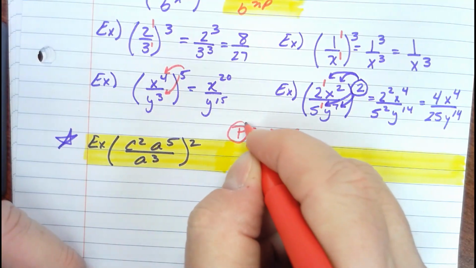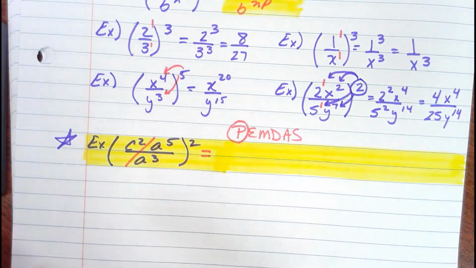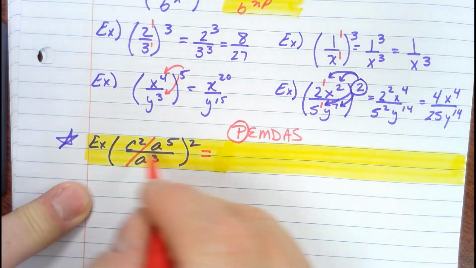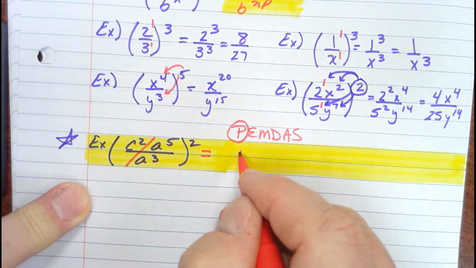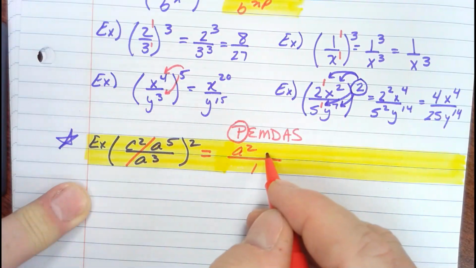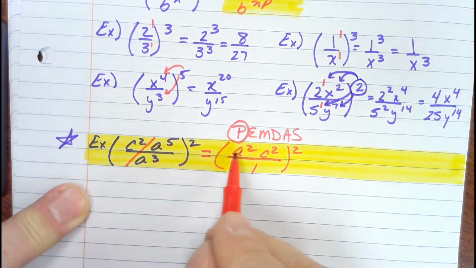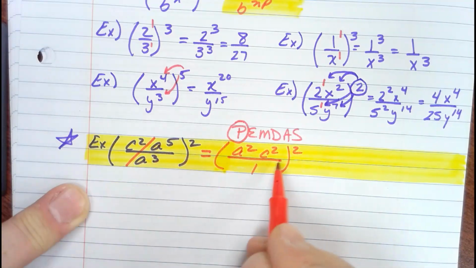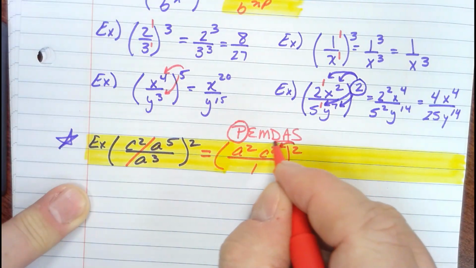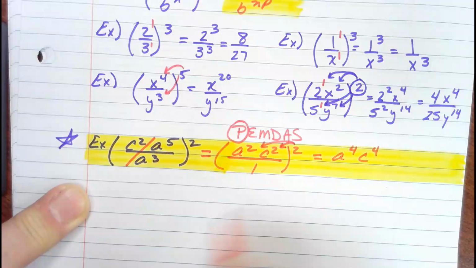We haven't had a situation like this before. But inside of the parentheses, we can simplify. Comparing the A's, there are 2 more A's in the numerator than there are in the denominator. And the c squared doesn't compare to anything. So I have a squared c squared in the numerator, 1 in the denominator, and when I multiply these exponents, I am going to end up with a to the 4th, c to the 4th.